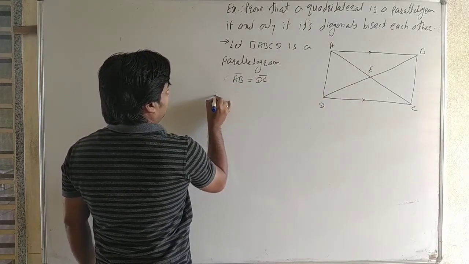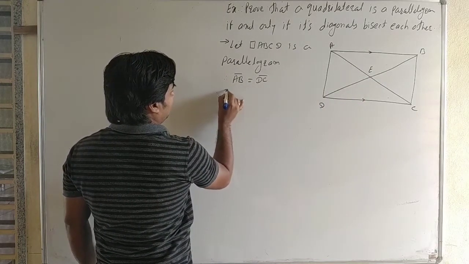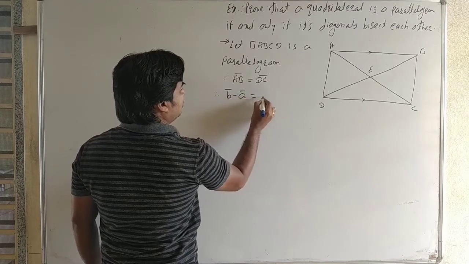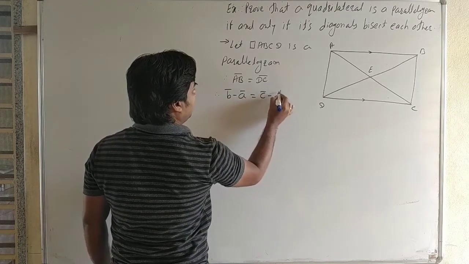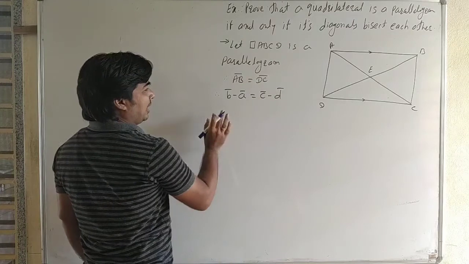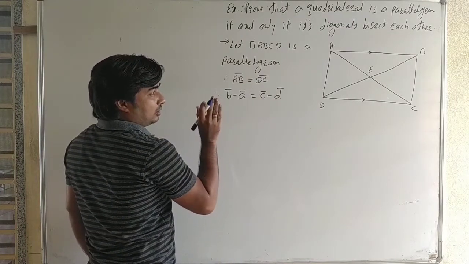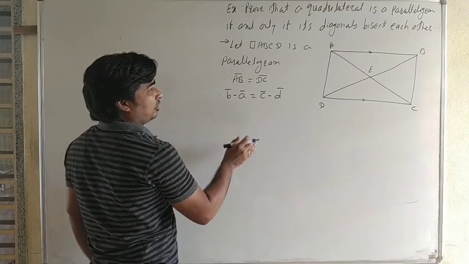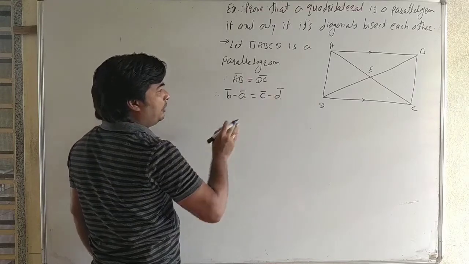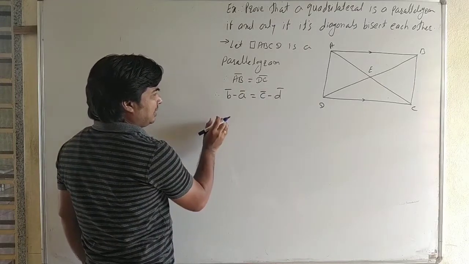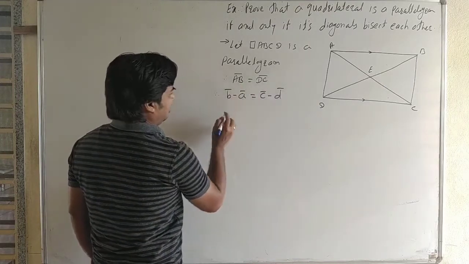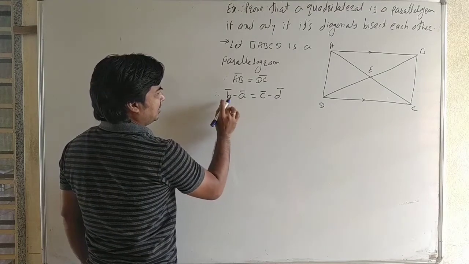Therefore from this we can write B bar minus A bar is equal to C bar minus D bar. Now we have to prove the diagonals bisect each other, diagonal AC and diagonal BD.